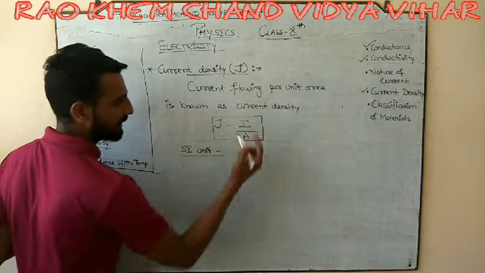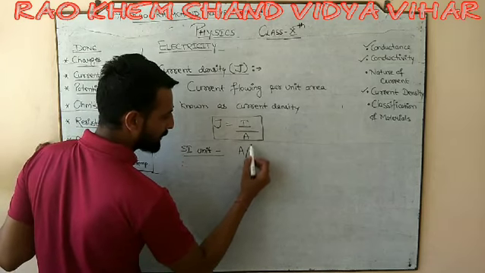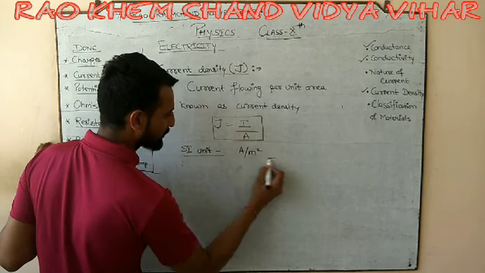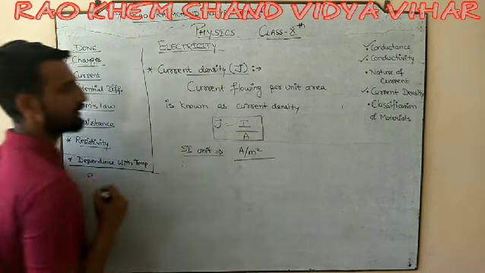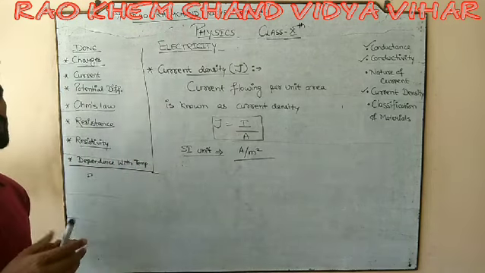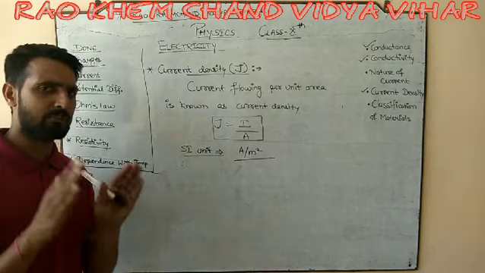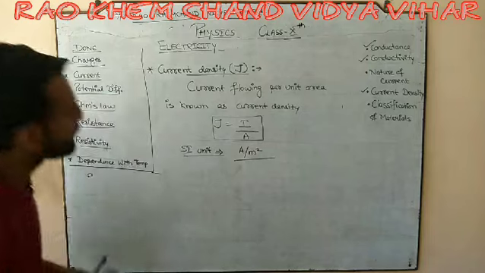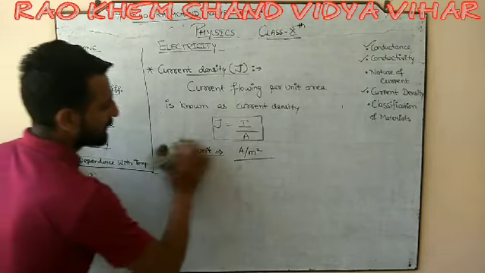It would be ampere per meter square. So the SI unit for current density is ampere per meter square, current flowing per unit area. I think we are okay with that. So you can note this down.